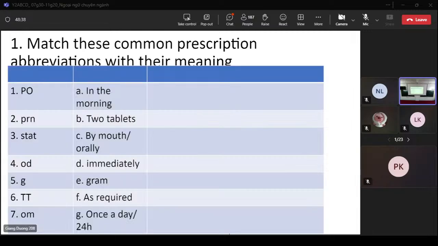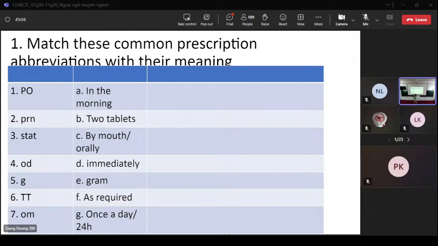Now today we are learning the abbreviations related to the use, the frequency of medication, because we are in the topic of medication. We have PO, PRN, STAT, OD, OM, with the frequency or the route here.